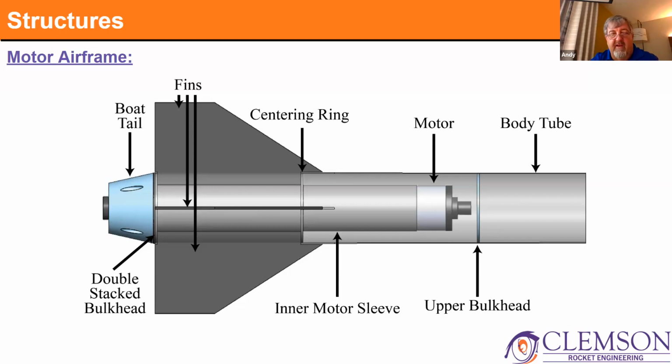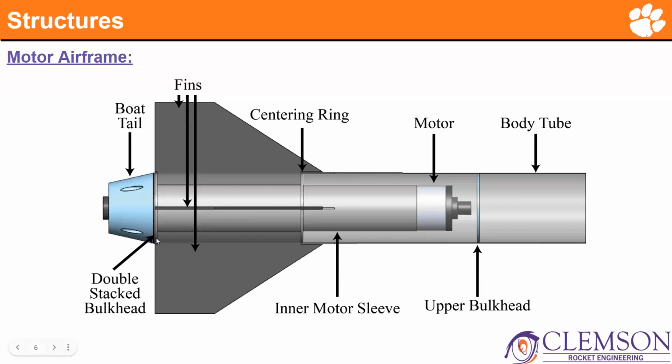So you have, I see, two centering rings. Is that correct? Yes, the very rearward-most bulkhead is a centering ring. It's two bulkheads, so the inner one is the centering ring, and the outer one is the same diameter as the outer diameter of the body tube, and then another centering ring at the forward point of the fins.